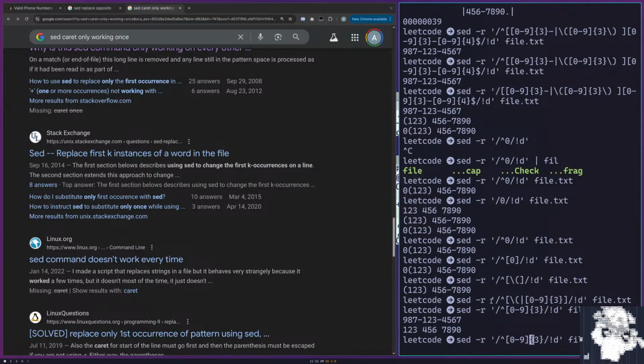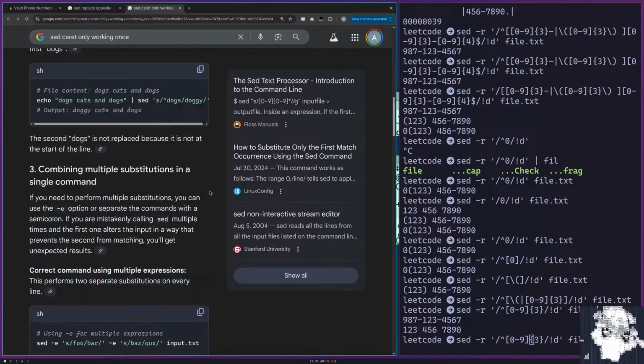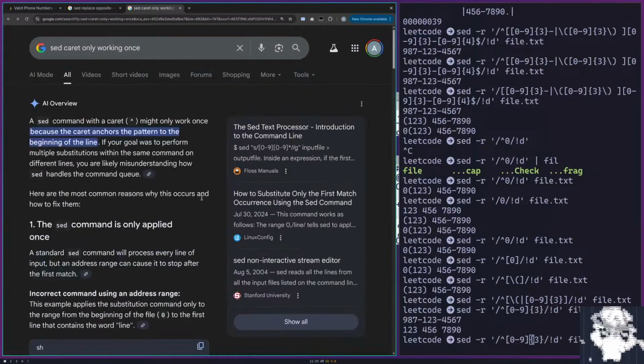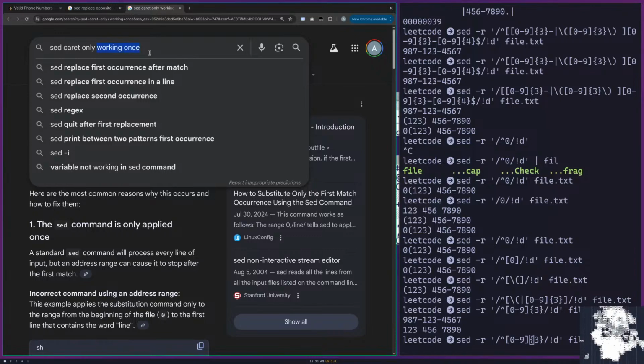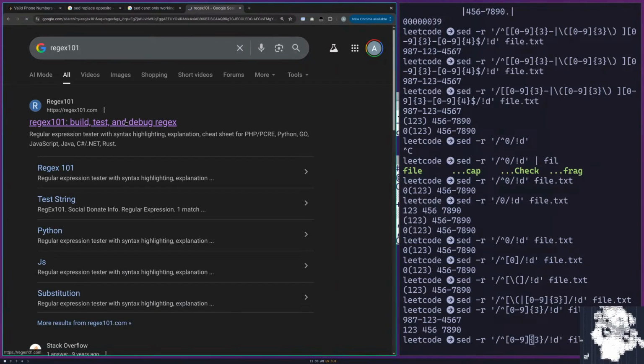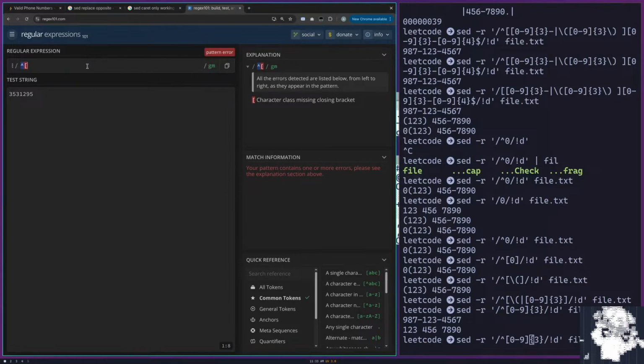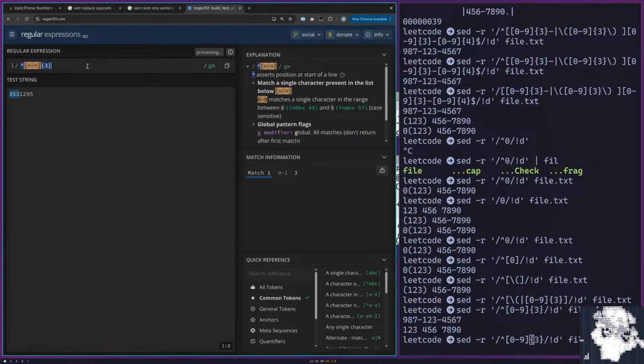Okay. I'm wondering if caret has a different meaning in front of square braces. Regex 101, whatever. Caret, 0 to 9, 3 digits.